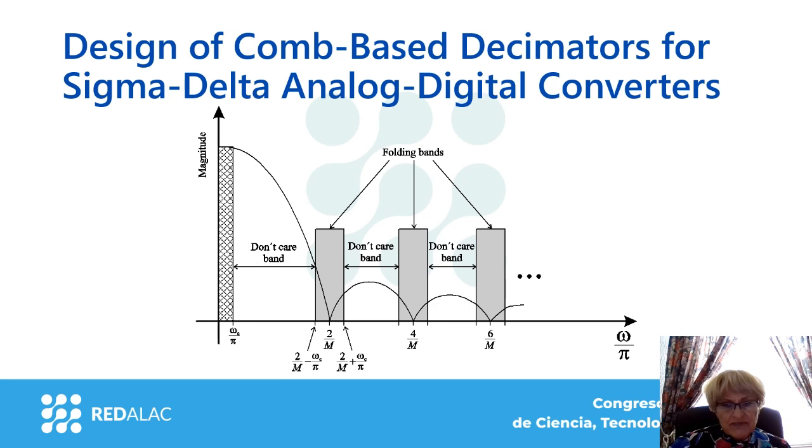Here are the zeros of the CIC filter, and bands around zeros are called folding bands. And these bands must have high attenuation. All other bands don't have this requirement. Here is a passband, and the characteristic of the filter in a passband must be flat to avoid deterioration of the decimated signal.